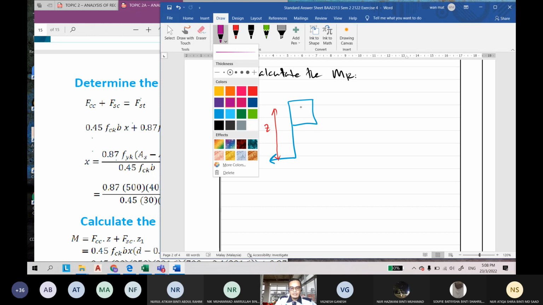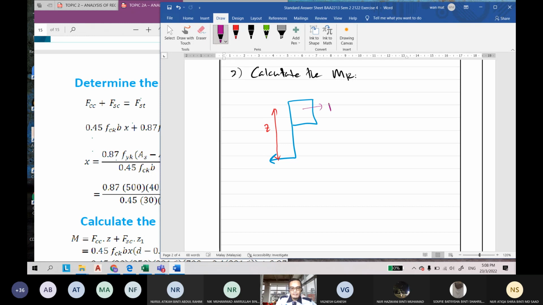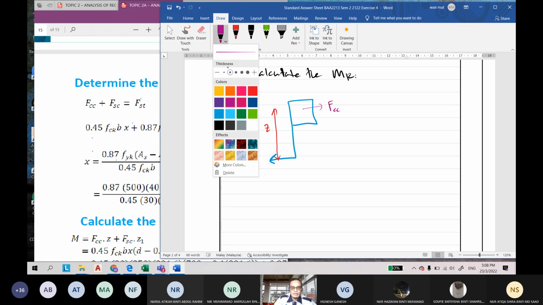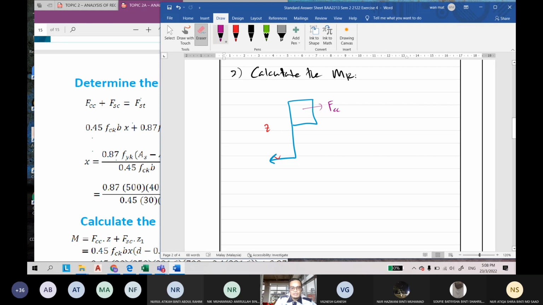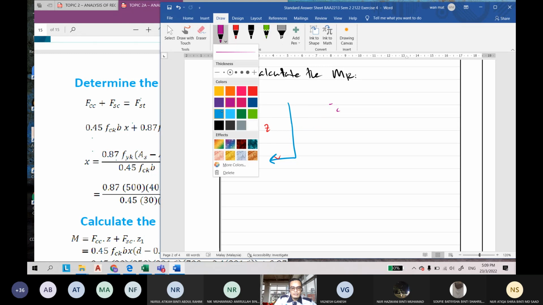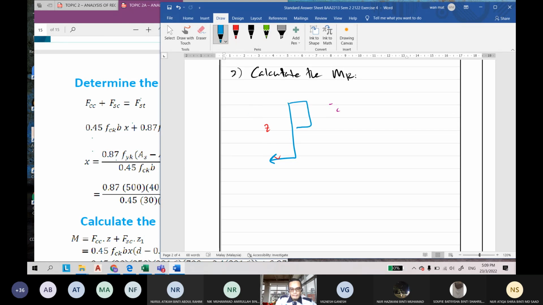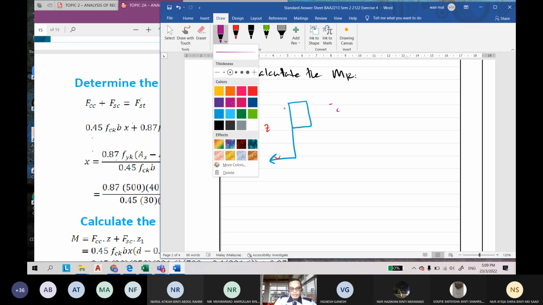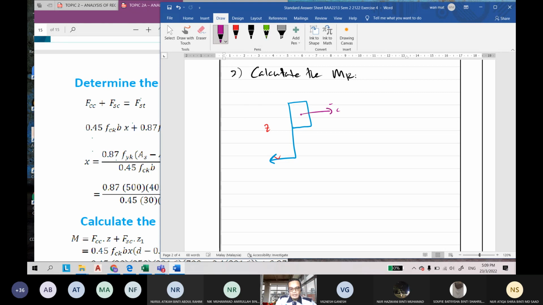This is our FCC, in red color, at the center.